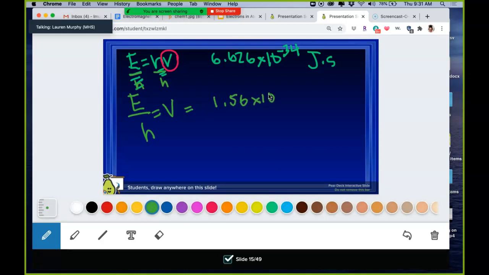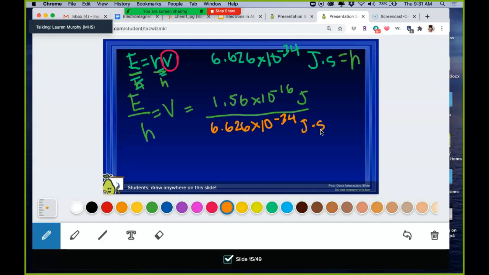1.56 times 10 to the negative 16th joules divided by, this is Planck's constant right here, so this number just goes down here. So 6.626 times 10 to the negative 34th joules times seconds.